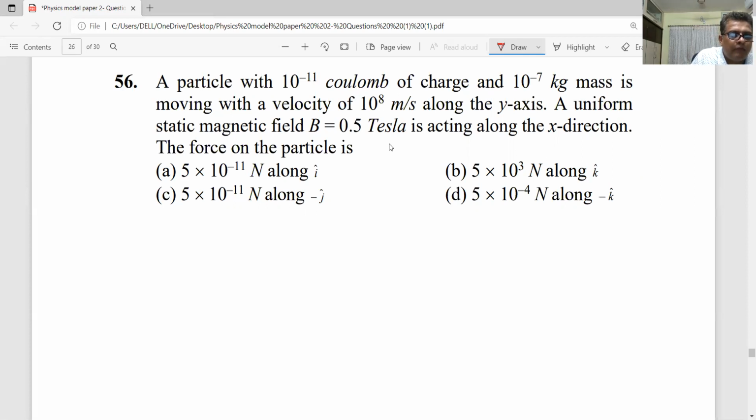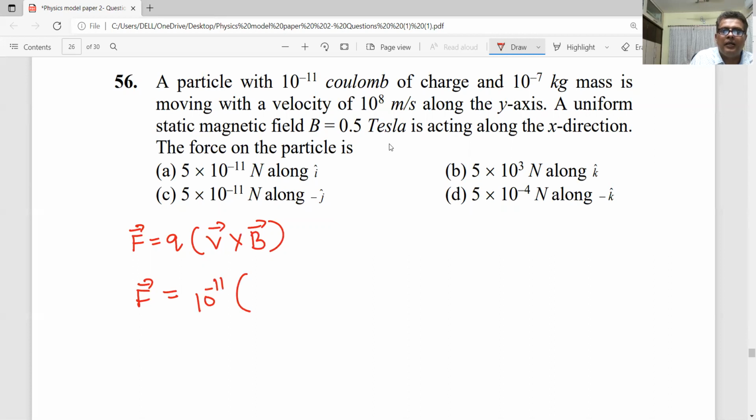We know very well F vector is equal to Q into V vector cross B vector. You know this formula. Directions matter, because your answers have directions, not just magnitude. F vector is equal to the charge 10 power minus 11, moving with a velocity of 10 power 8 meter per second along the y-axis, so j cap, cross the magnetic field of 0.5 Tesla acting along the x direction, so 0.5 into i cap.